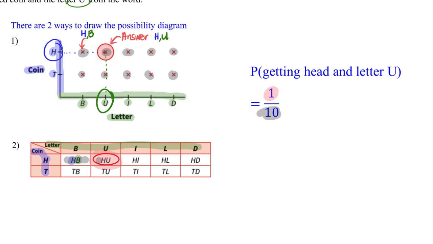The total is 1, 2, 3, 4, 5, 6, 7, 8, 9, 10. There are 10 possible outcomes, out of which to get a head and a letter U, there can only be one possible way. Okay, 1 out of 10.